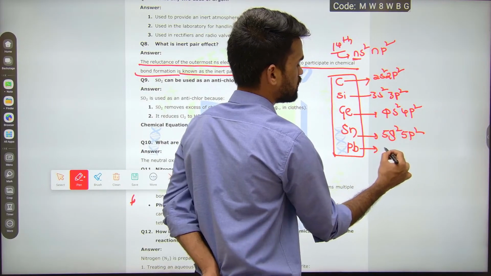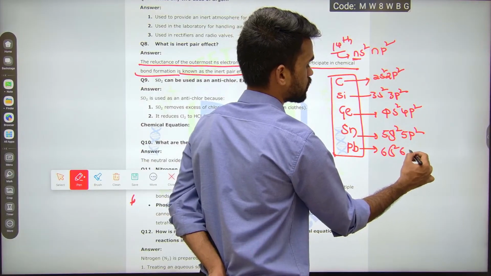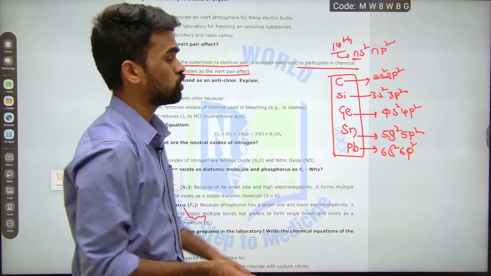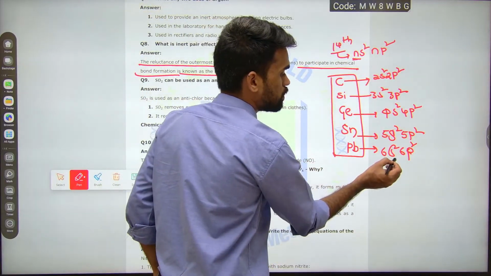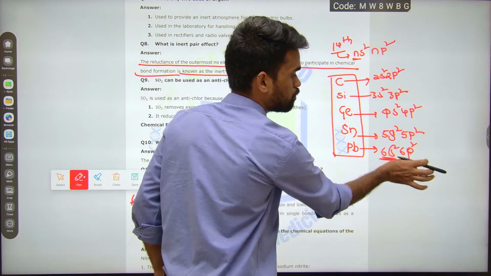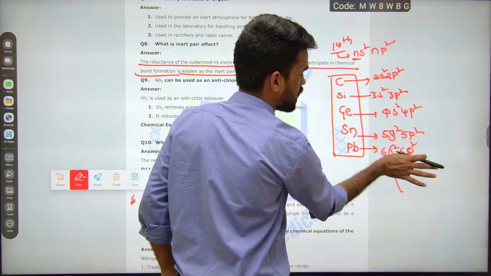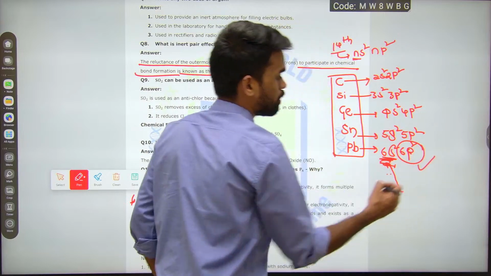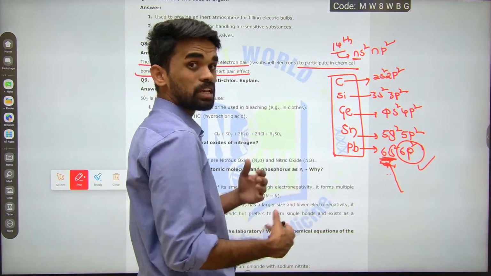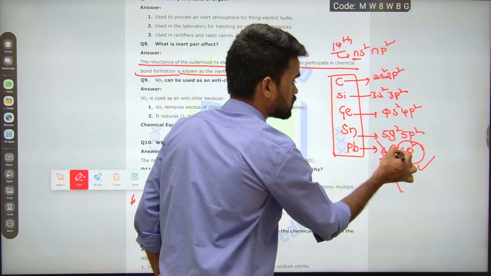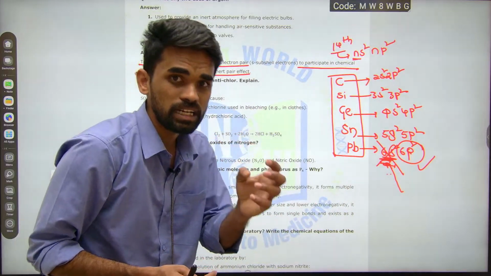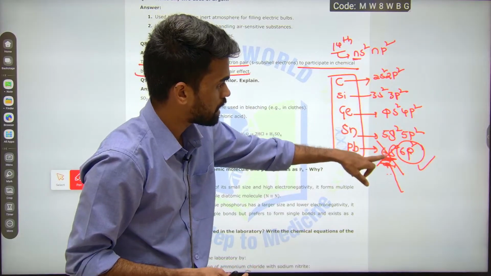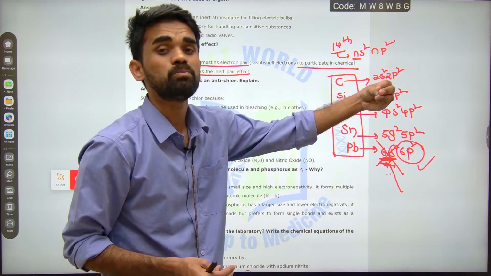Now what this inert pair effect says is, as we go down the group, only p orbital electrons will participate in chemical reactions, not the s orbital. That is the inertness or reluctance of this ns pair of electrons to take part in bond formation.